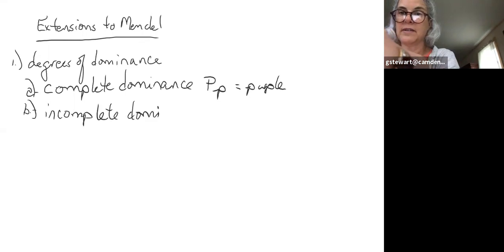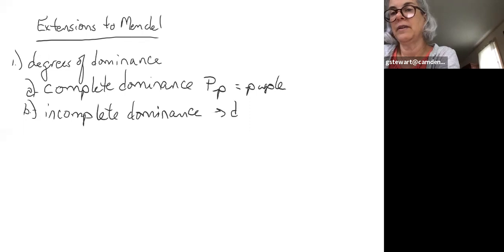And this is just like you would imagine. It means that the dominant allele cannot completely mask the recessive allele.